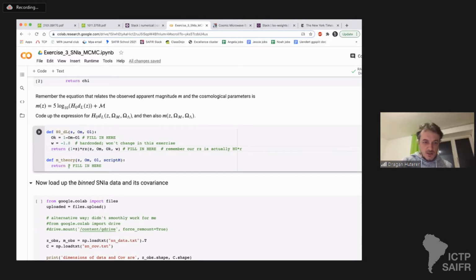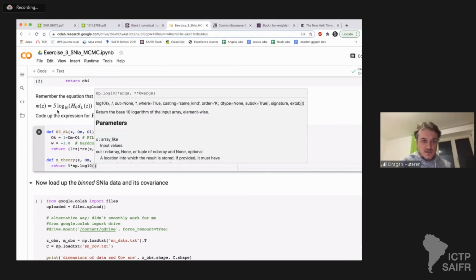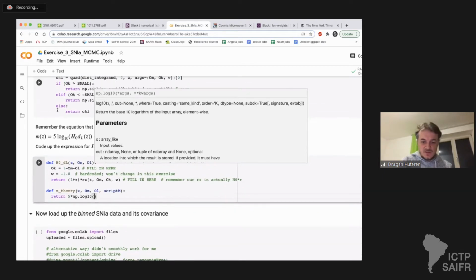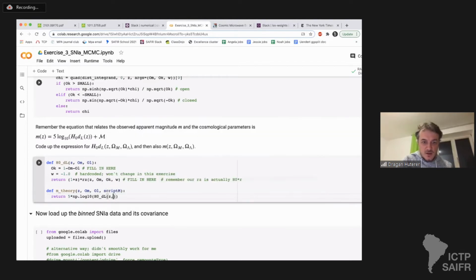Yeah, I'll assume that's clear. And then here we have M theory. So I need to code this up. This is theory. I'm going to compare to data, but theory is 5 times numpy log 10. All the logs here are base 10, from the astronomy convention for magnitude. And then I call this DL function, H naught DL of Z, comma omega matter, comma omega lambda, the function I just defined.